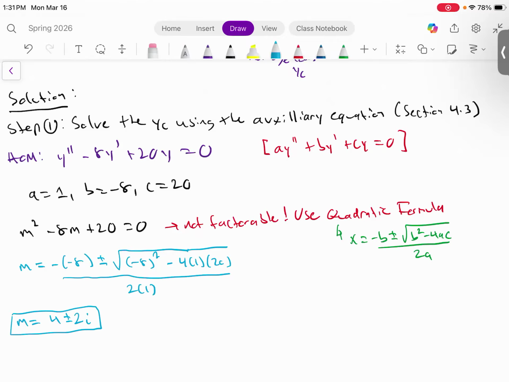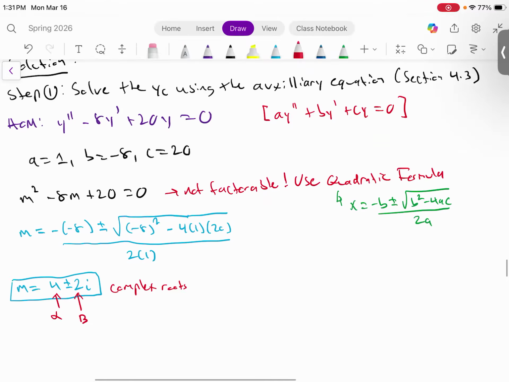So these are complex roots. When we have complex roots, 4 is our alpha, and the number attached to the imaginary i is our beta.